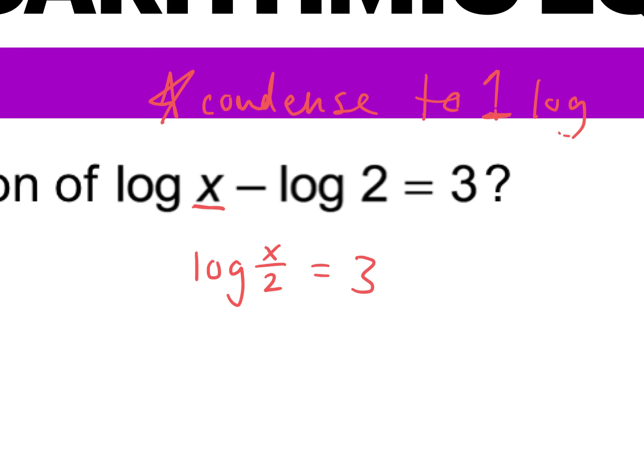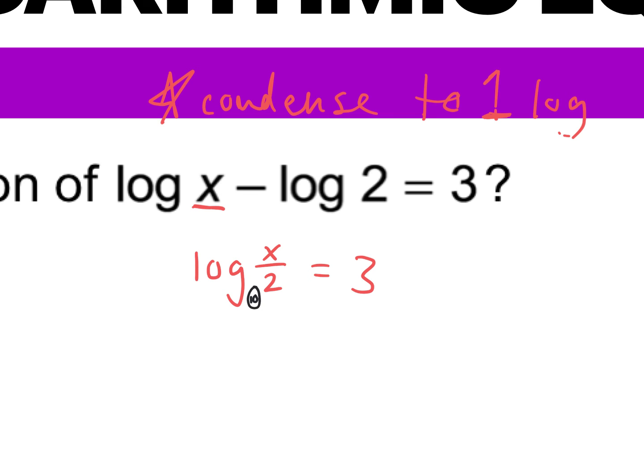So step 1, whenever you have two logs, is to condense it to one log. Now we want to do the same thing we did in the last one. What is our base down here for the log, if nothing's written? 10. So you have that implied base of 10.